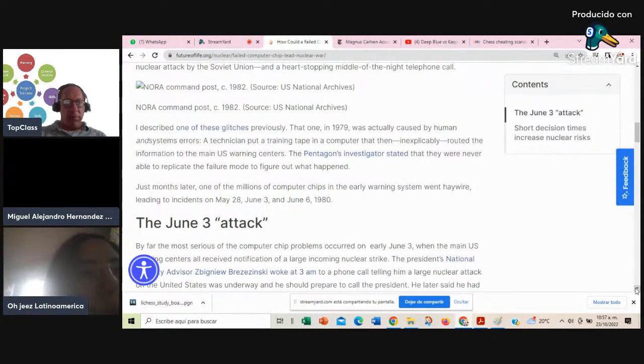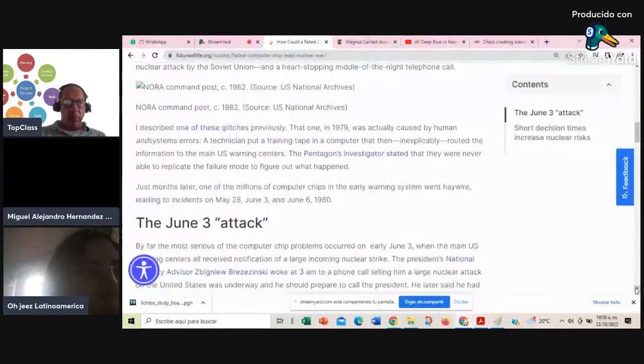Technicians put a training tape in a computer that then inexplicably routed the information to the main US warning centers. The Pentagon's investigators state that they were never able to replicate the failure mode to figure out what happened.